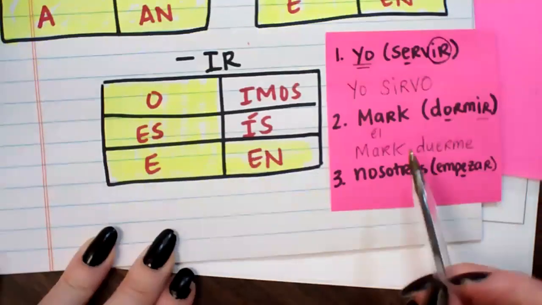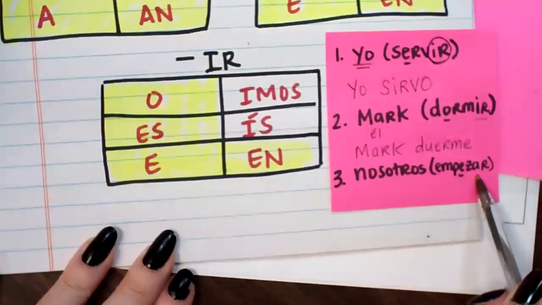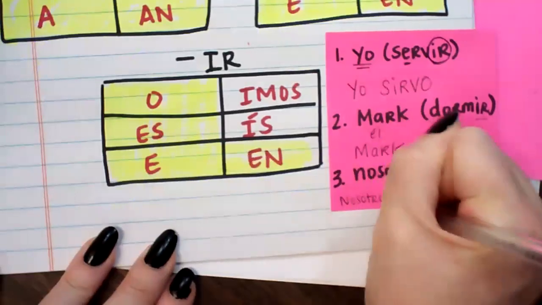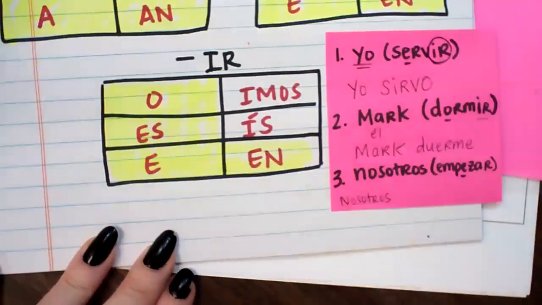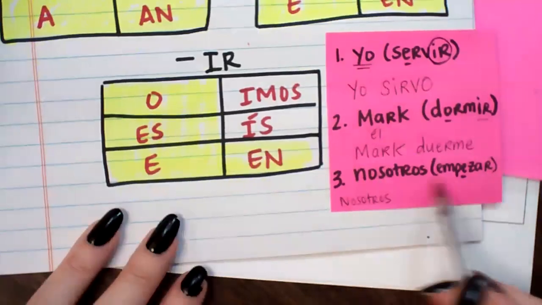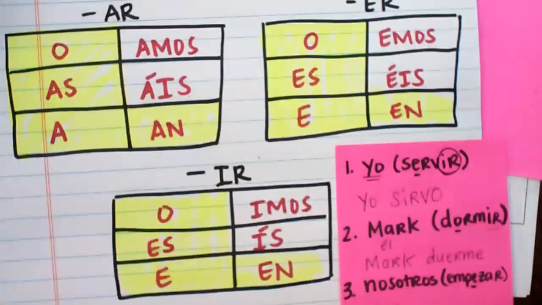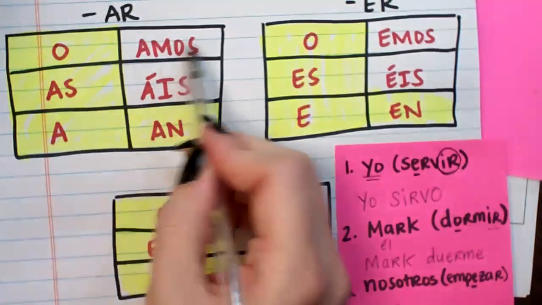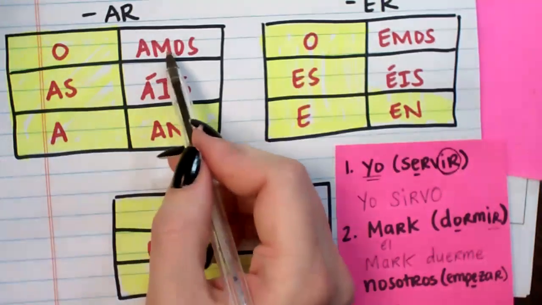Excellent. And then we have nosotros and then empezar. So we have nosotros. Step one, is that inside of the boot or outside of the boot? So nosotros is in our top right box.